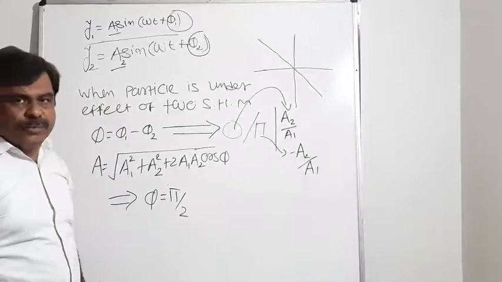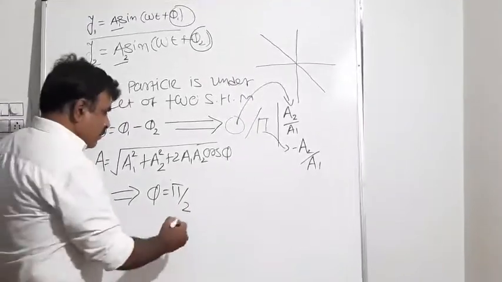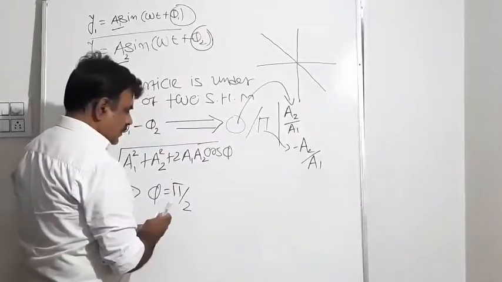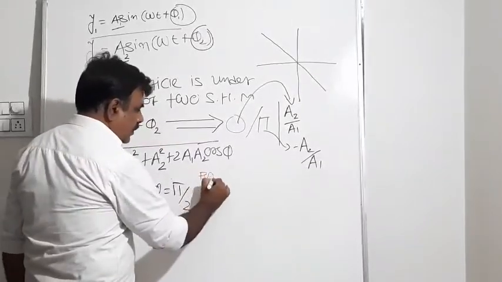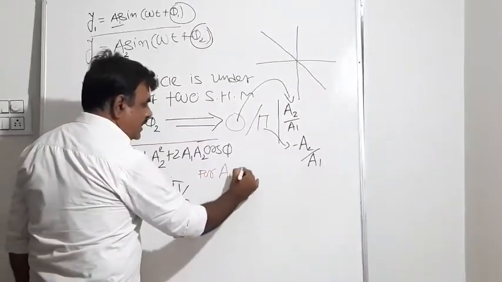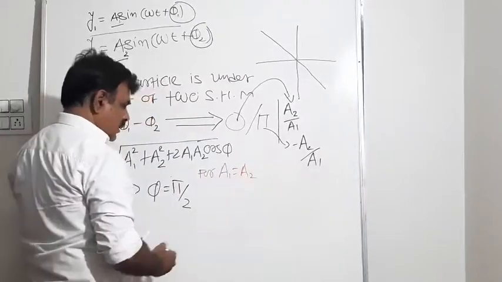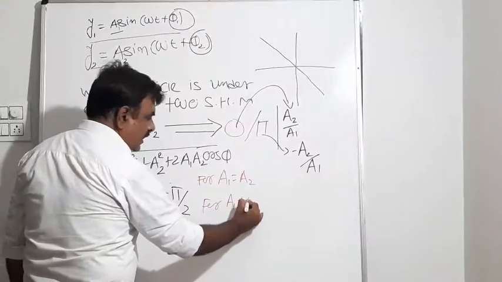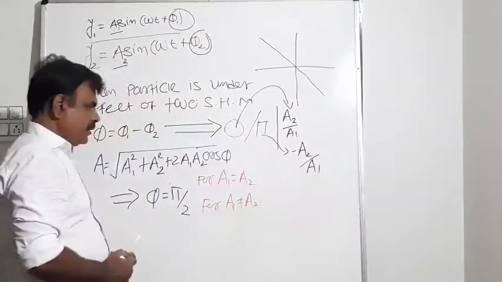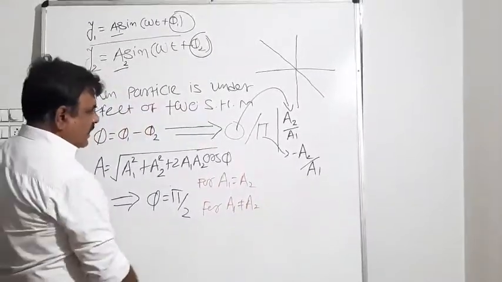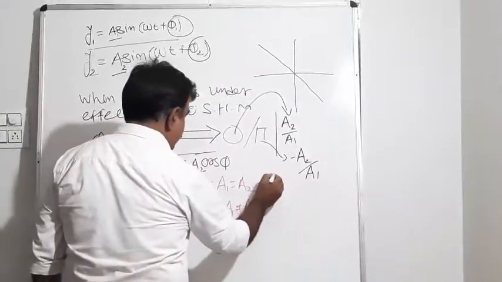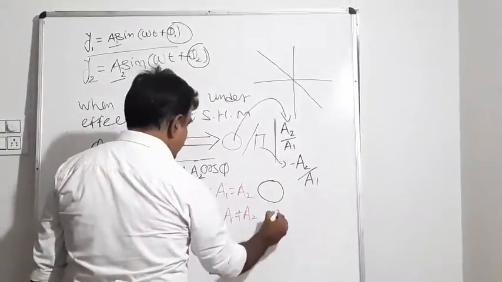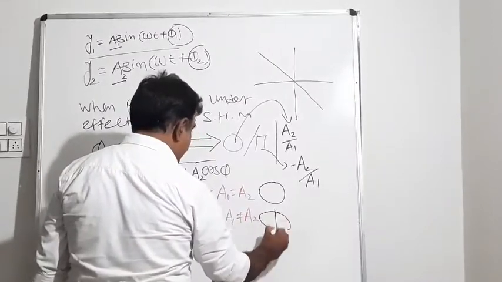In that case, there are two possibilities: for A1 equal to A2, and for A1 not equal to A2. Whenever you have A1 equal to A2, it will be purely circular motion, and when A1 is not equal to A2, then it will be elliptical.